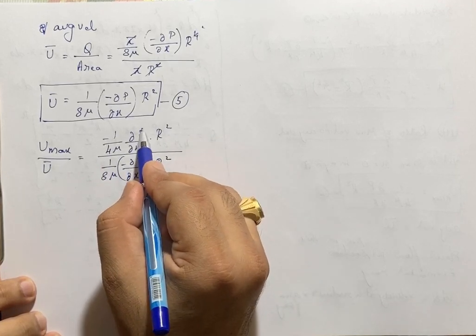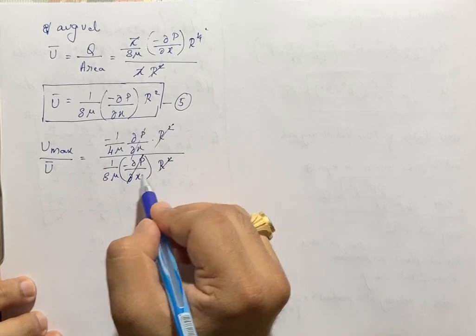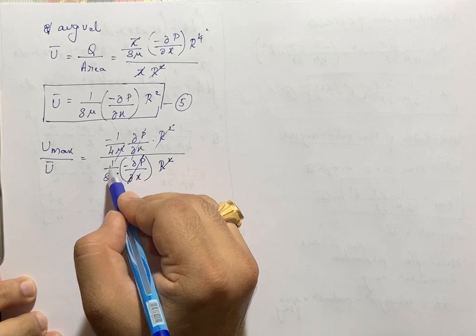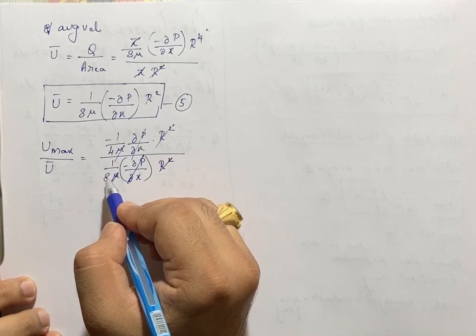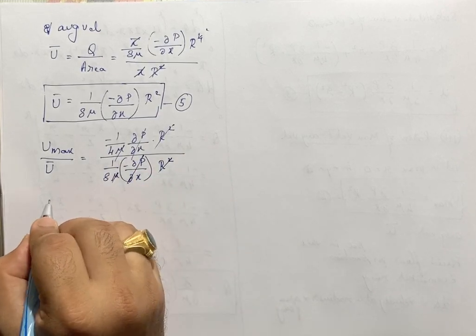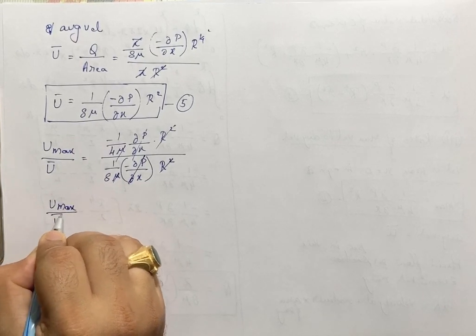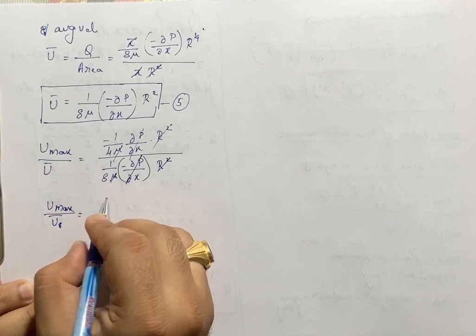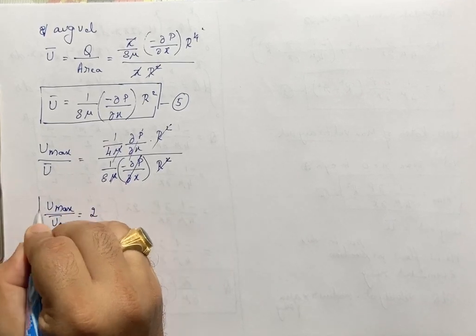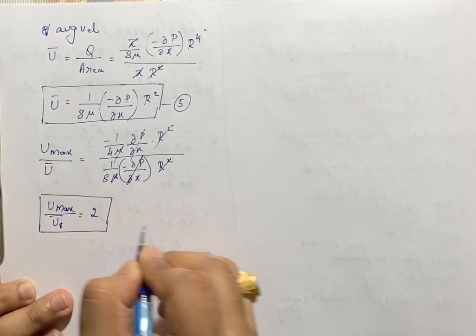So all the terms dou p by dou x, r square, mu get cancelled here. 1 by 4 into 8 gives u max divided by u average equals 2, right. This is one of the important derivations here.